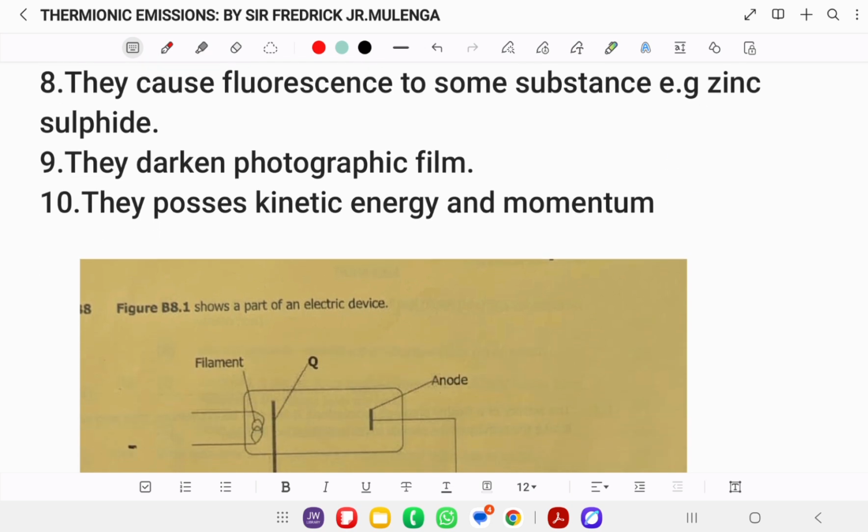We learned that when the wheel was placed inside the stream, it was pushed forward, suggesting that they possess kinetic energy and momentum.